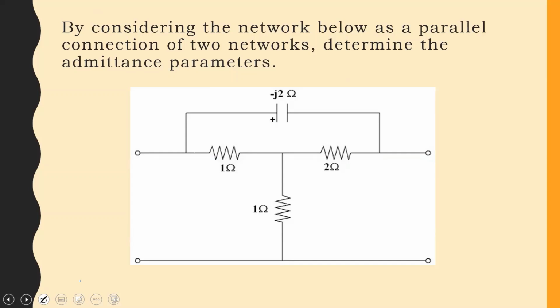So what are the admittance parameters of this network? Now, as shown, I think it's obvious that it would not be very easy to analyze the network as shown.